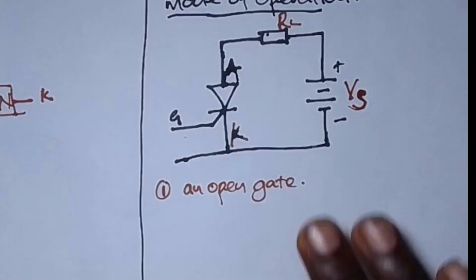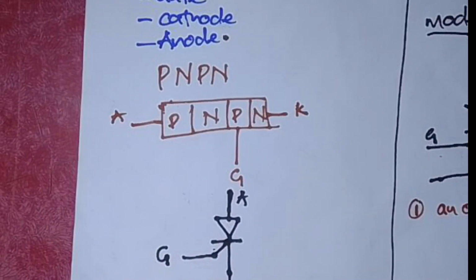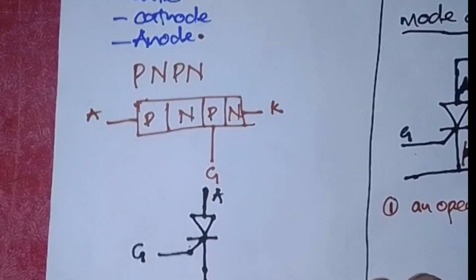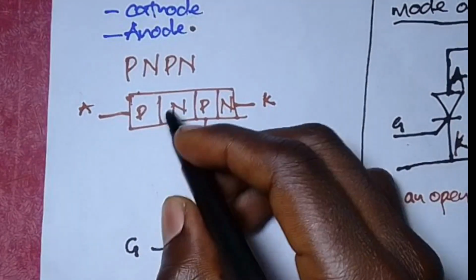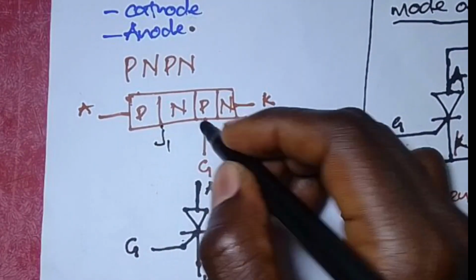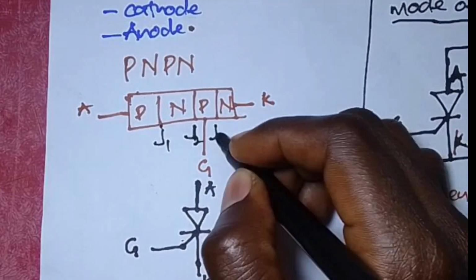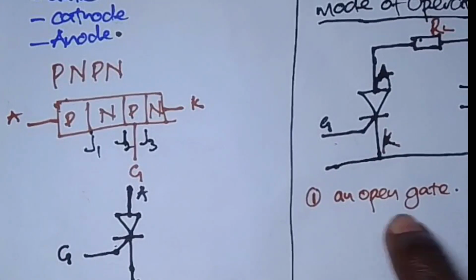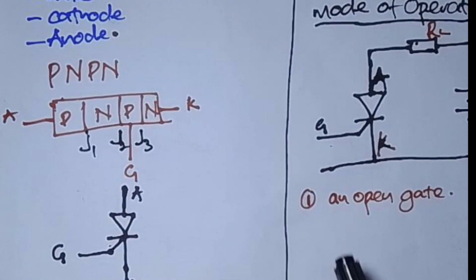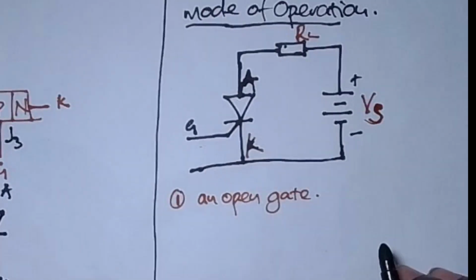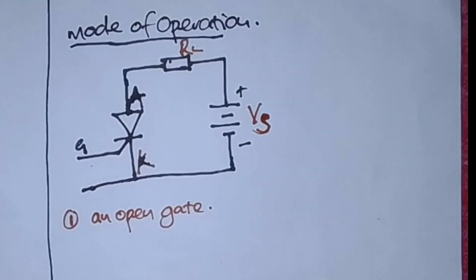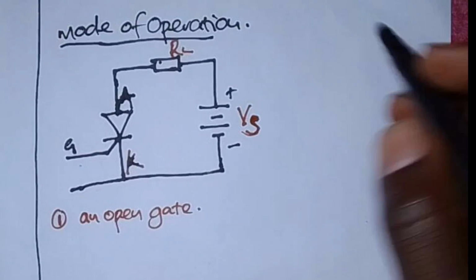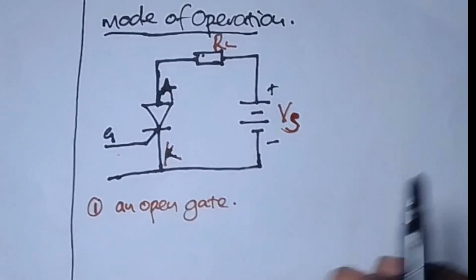If I take you back to the junctions here, as I had labeled earlier, these are my junctions. There is a junction J1, this is J2, and this is a junction J3. So the SCR behavior will vary according to these PN junctions. Allow me to redraw this circuit so that I can explain the mode of operation, using the PNPN naming.